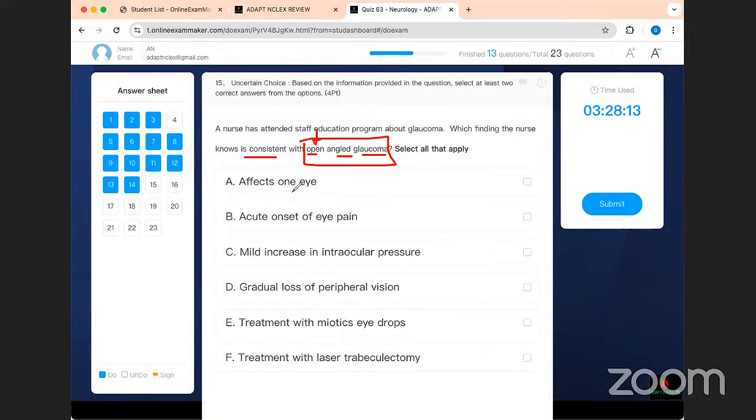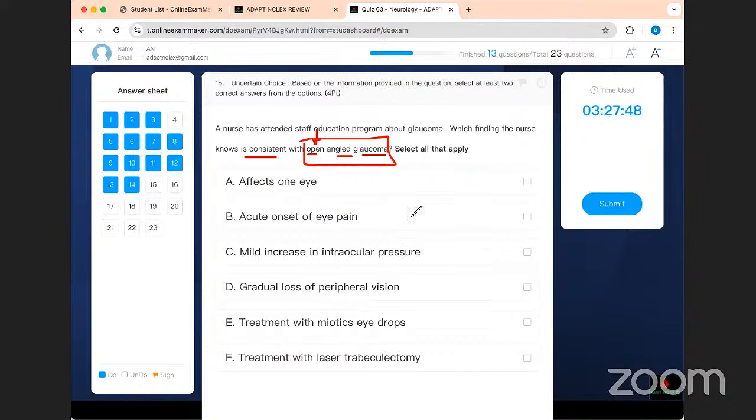Which one affects one eye, has acute onset, increases intraocular pressure, or occurs gradually with peripheral loss of vision? You can treat it with eye drops or a trabeculectomy. Which of those do you expect in a patient with open angle glaucoma?